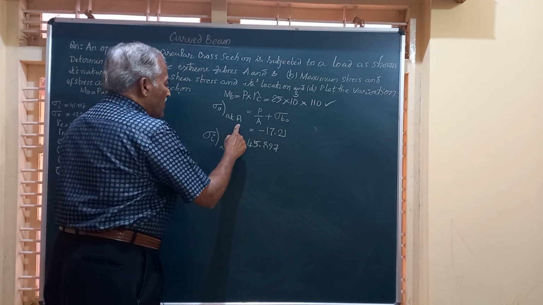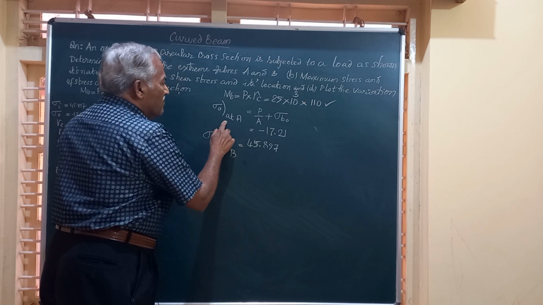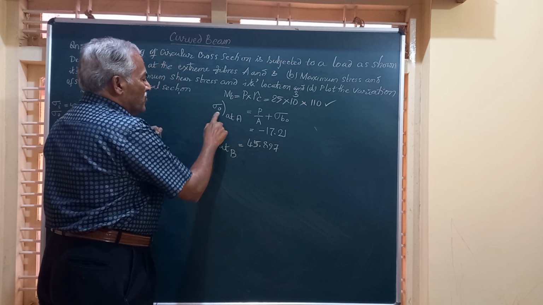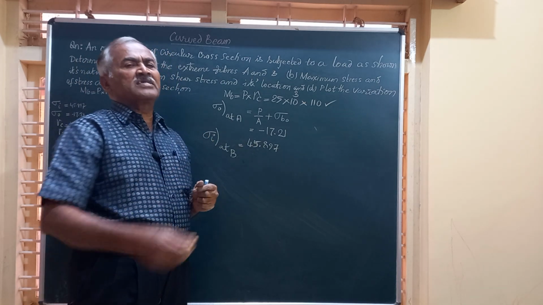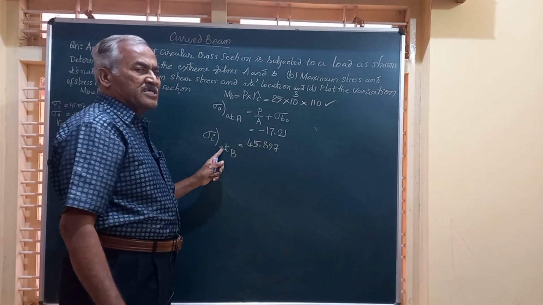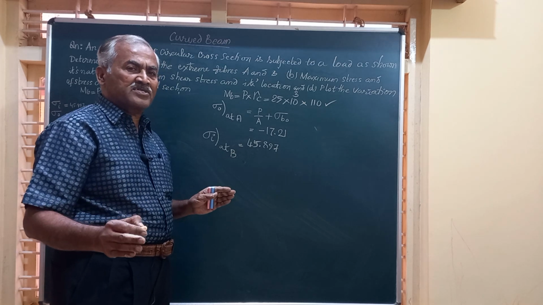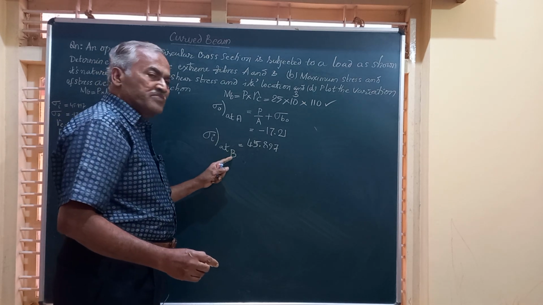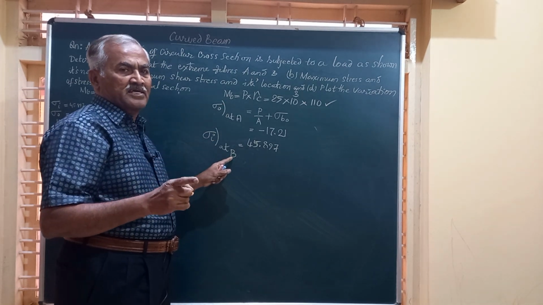Sigma O is at A. The inner fiber is B, the outer fiber is A. Outer fiber O, inner fiber I. We can very easily say that the maximum stress or the resultant stress occurs at B, the inner fiber of the circular ring.